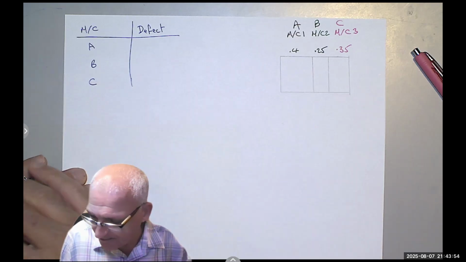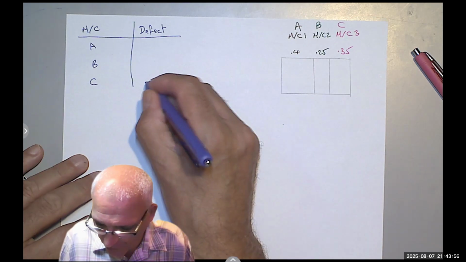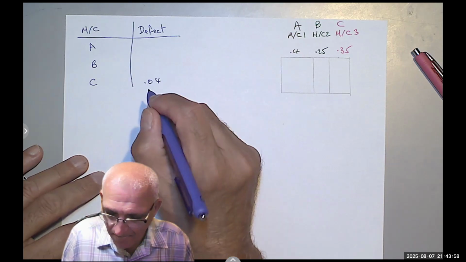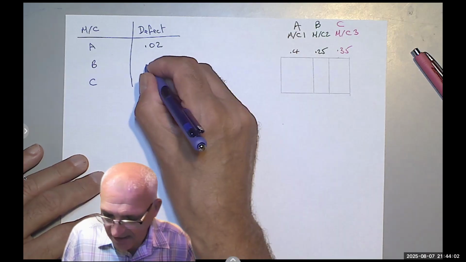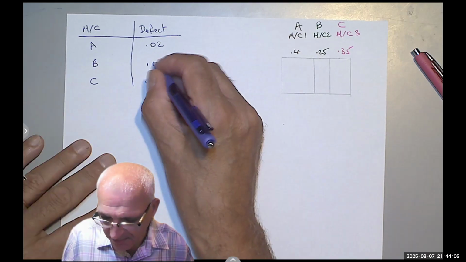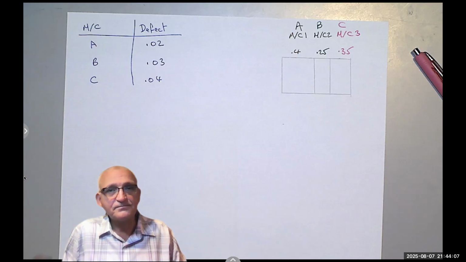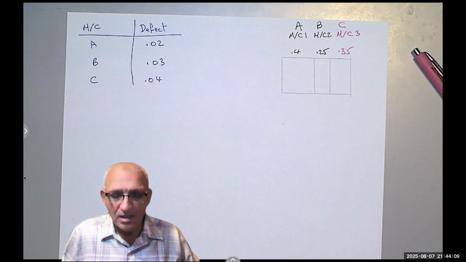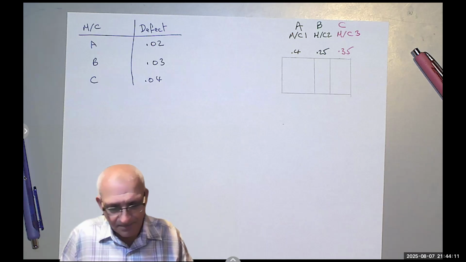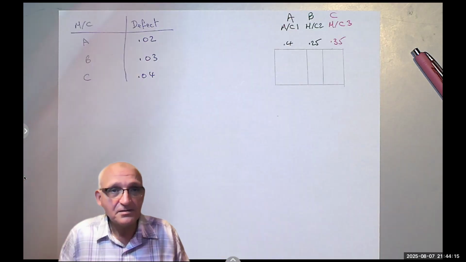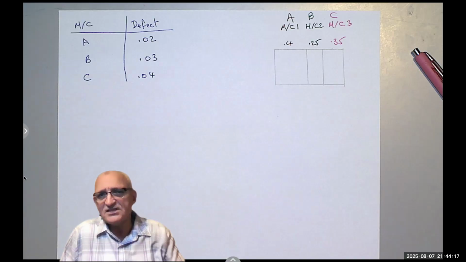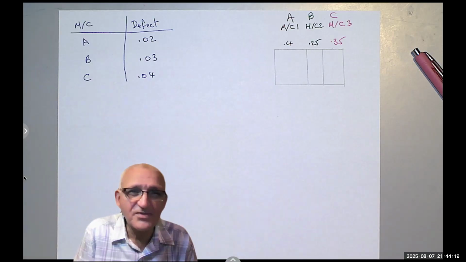Let's say this is 4%, this is 2%, and that's 3%, whatever. And I'm asking you, can you find the defective percentage for the whole production? Think about it and see if you can come up with something that makes sense to you.